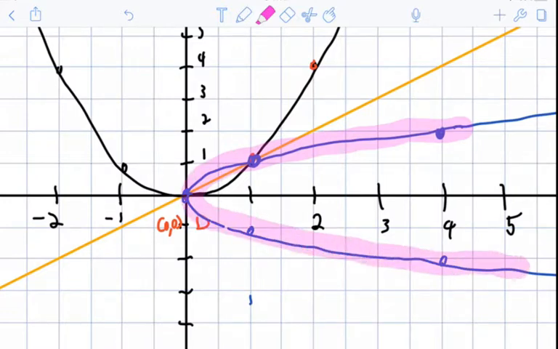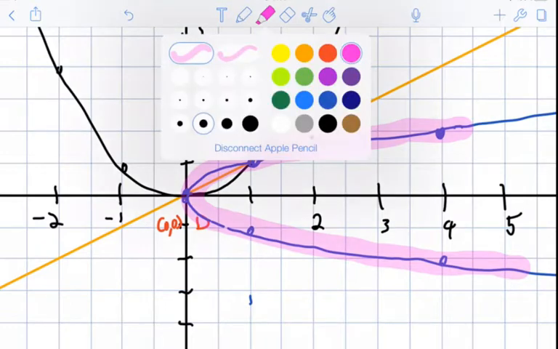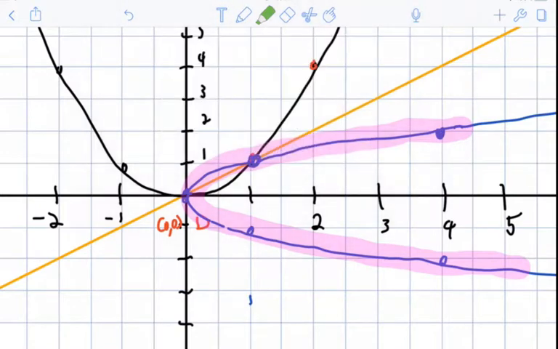And so the location where the parabola can't get any lower corresponds to the root function having a limit. It can't go any more left than this point because of the shape of the parabola.